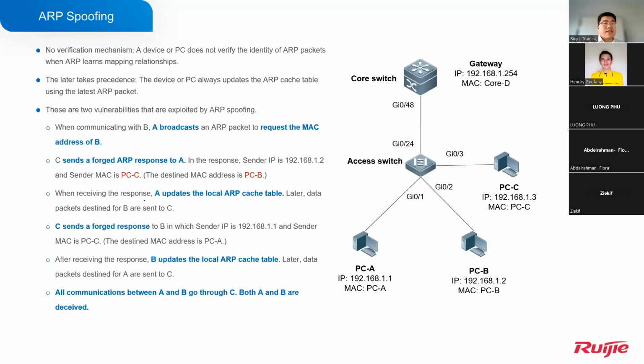These are two vulnerabilities that are exploited by ARP spoofing. For example, let's see the description here. When communicating with B, A broadcasts an ARP packet to request the MAC address of B. Since it's the basics of the network, I think you are familiar with the ARP working principle.